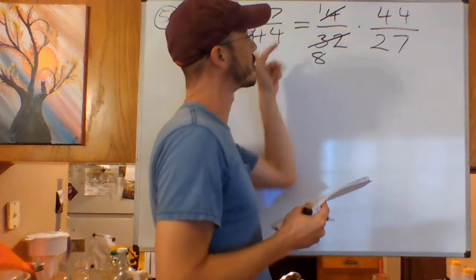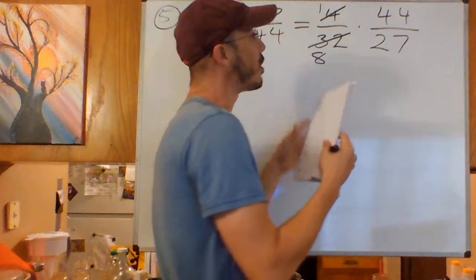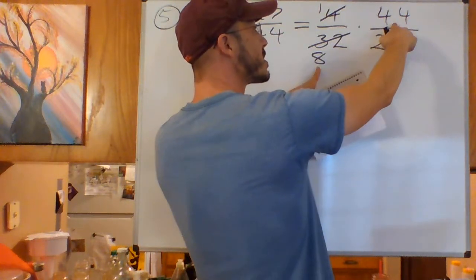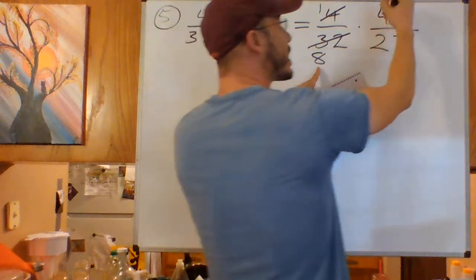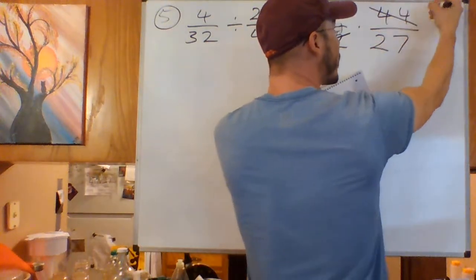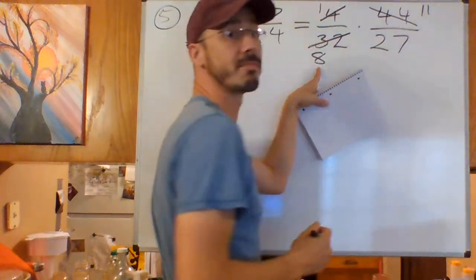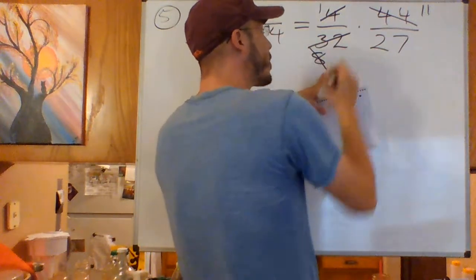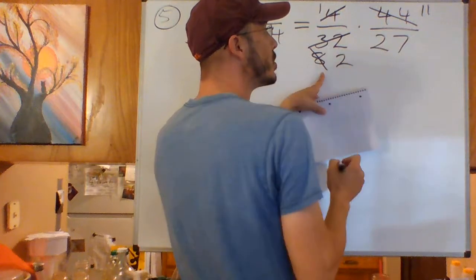If I cancel that factor of 4, I've got 1 over 8 here. Also, this has a factor of 4, and this has a factor of 4. So if I cancel the factor of 4 from the 44, 44 is 4 times 11, and cancel the factor of 4 from the 8, that leaves a 2.